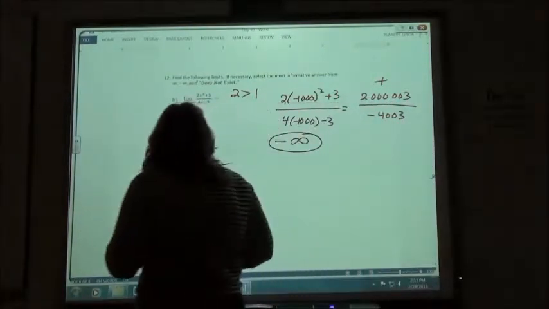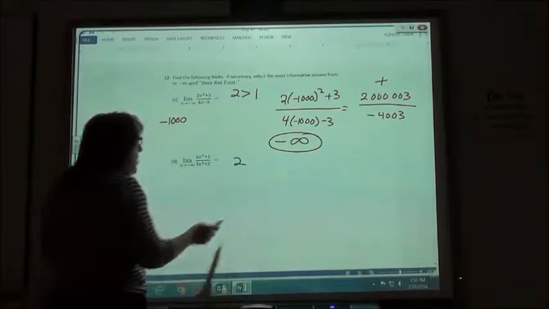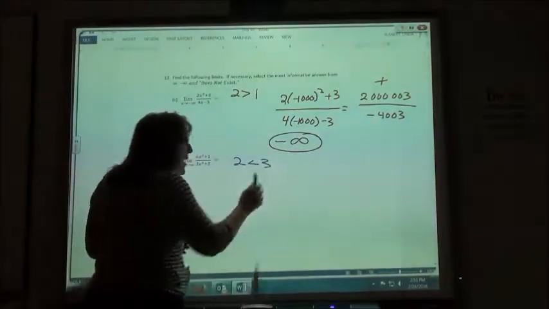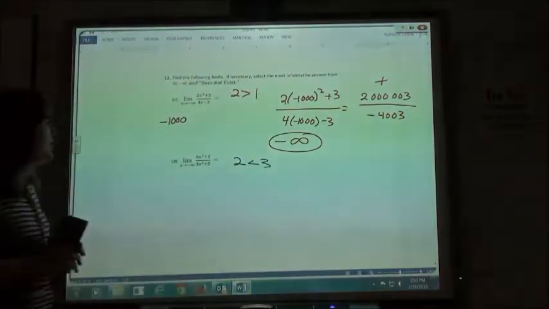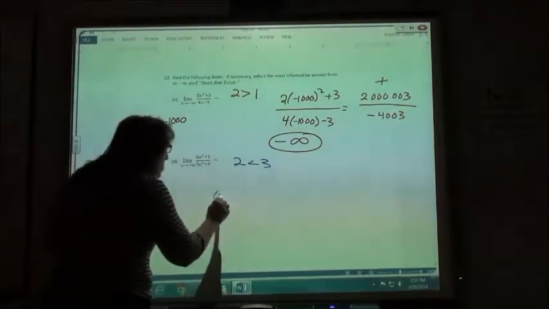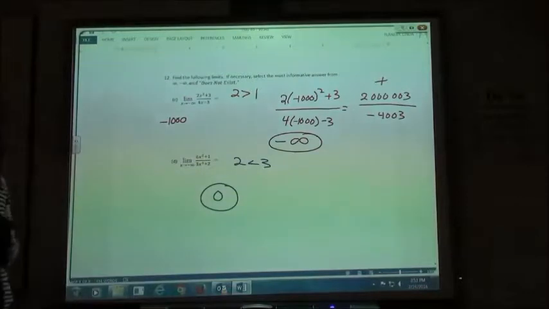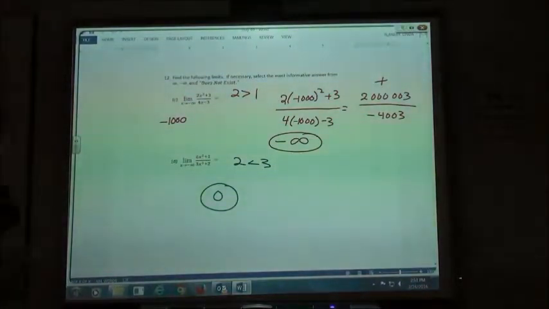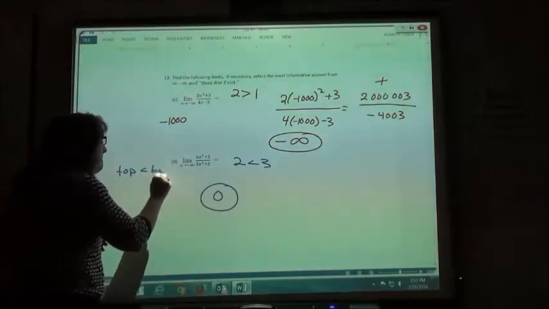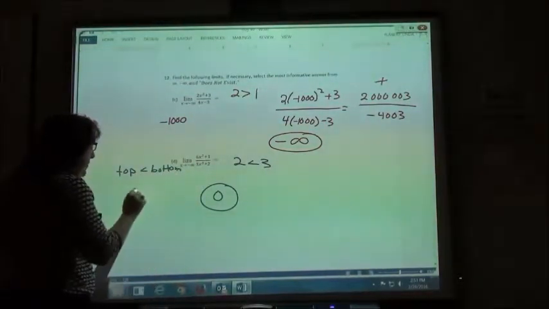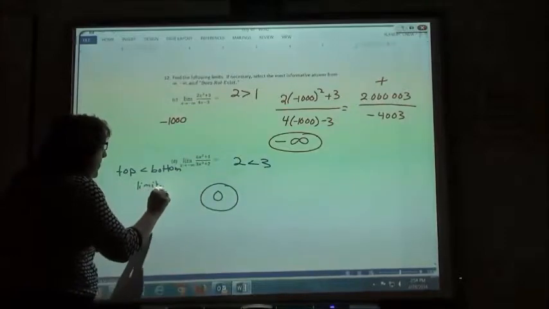And the last one here, the degree of the top is 2, the degree of the bottom is 3, the degree of the top is less than the degree of the bottom. If the degree of the top is less than the degree of the bottom, the limit is just 0. So again, if my top is less than my bottom for the degree, my limit equals 0.